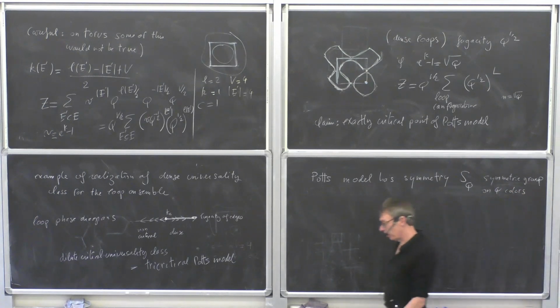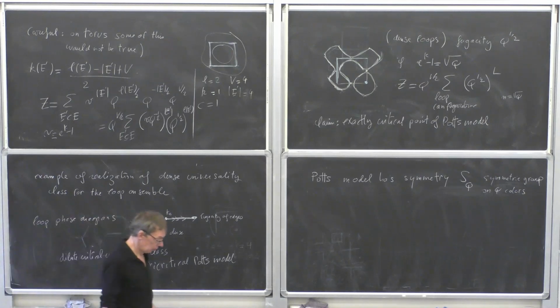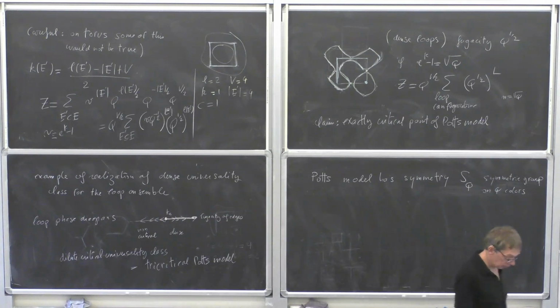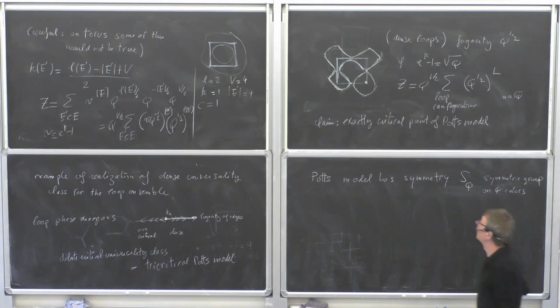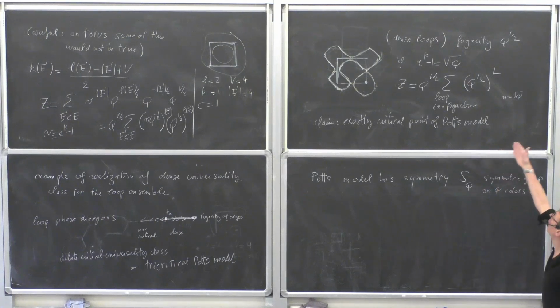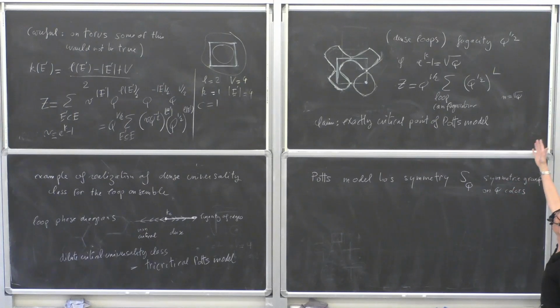Because the interaction is delta sigma i sigma j, you can do any permutation of the colors. It doesn't change the Hamiltonian, the form of the energy. So this is a model with S_Q symmetry. But now when we do this expansion and go on to a loop model, nobody forces us to take Q integer anymore. We can take Q arbitrary, we can take Q real, we can take Q complex.